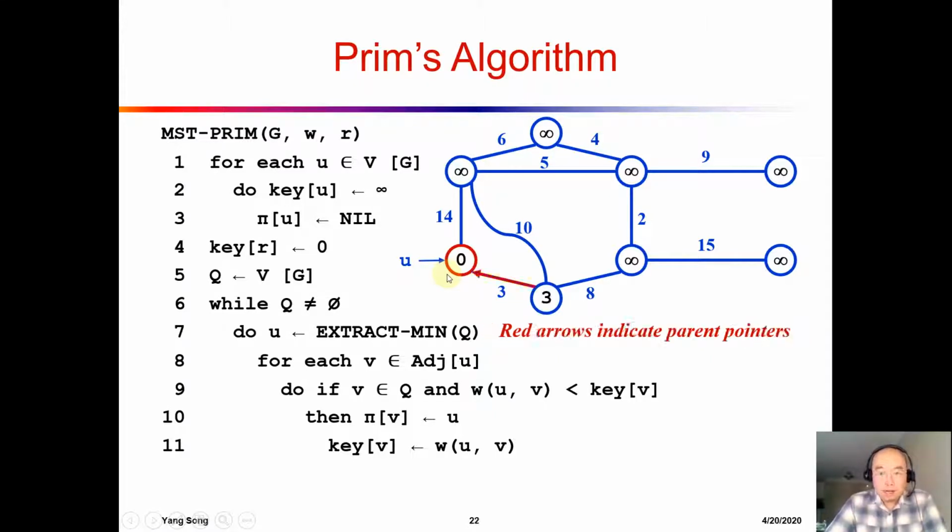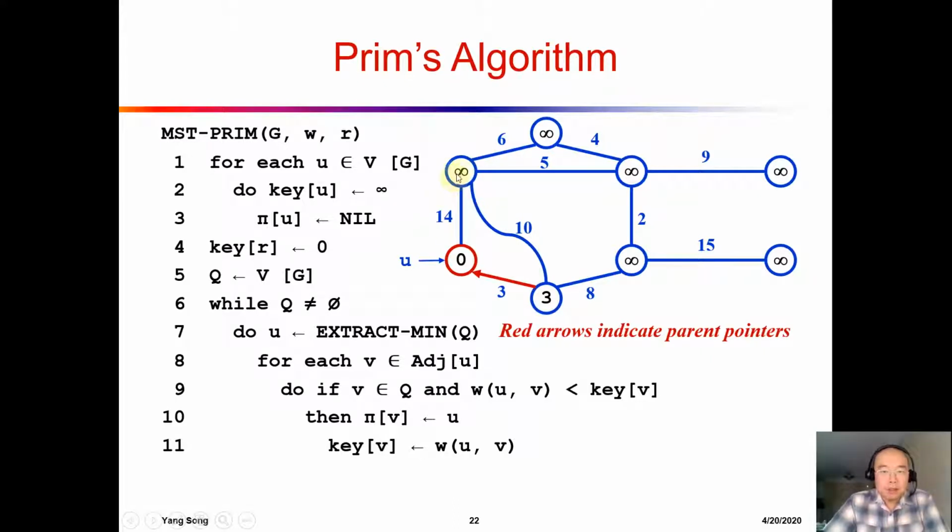After that, we are going to visit all the adjacent nodes. For the adjacent node 3, we are going to update the key to be 3, and this means if we want to connect it to the MST, the cost will be 3, because we can connect this node to U, and by doing that we spend 3 as the cost so that this node is connected to the MST, right?